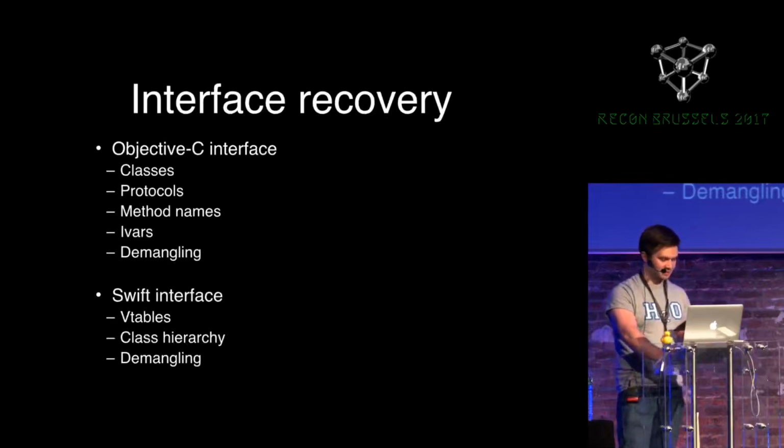All the information on Swift classes is lost during compilation, so we are unable to recover it. We also implemented our own demangler for Swift symbol names to make translation results more human readable.